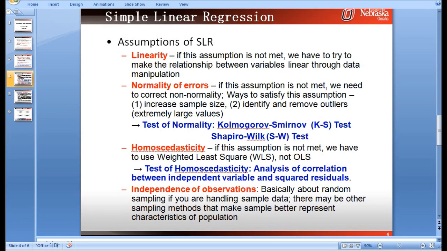If this assumption, linearity, is not met, we have to try to make the relationship between variables linear through data manipulation, which is beyond the scope of this class.